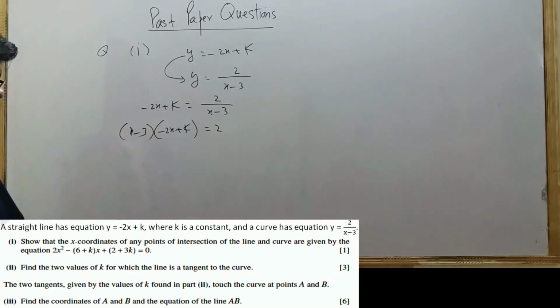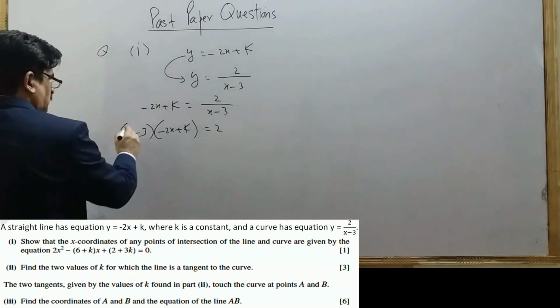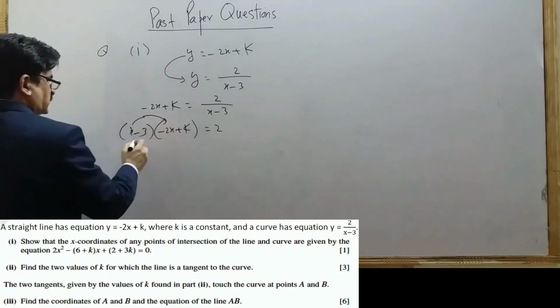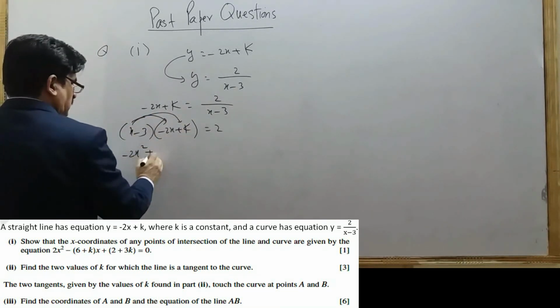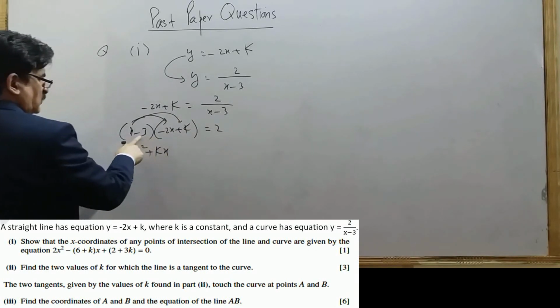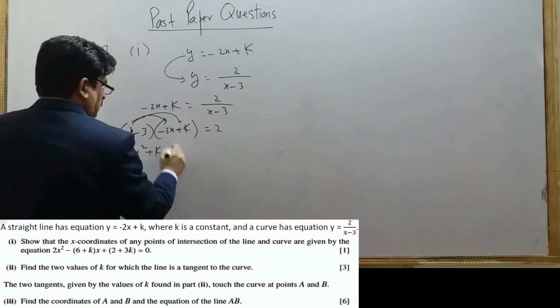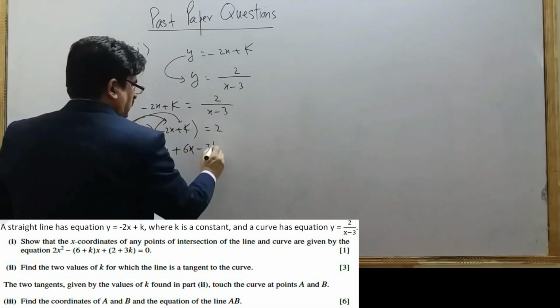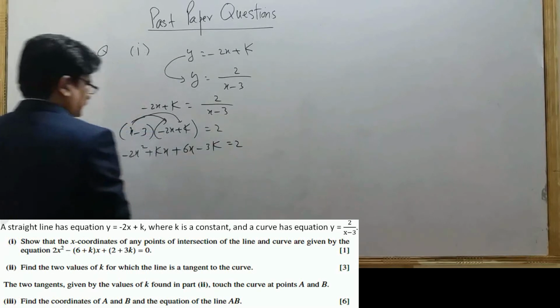Now we will convert it into a three-term quadratic. So multiply this, you will get minus 2x square, then this with this, plus kx. Then multiply minus 3 with minus 2x, you will get 6x minus 3k, and this is equal to 2.